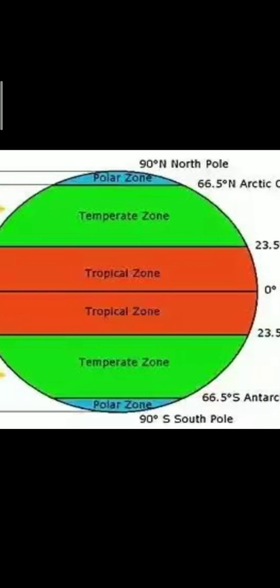Sun's rays do not reach those places, so it is very cold over there. And such places are known as polar zones, and they are also known as frigid zones. What are they called, kids? Polar zones, or the another name is frigid zones.